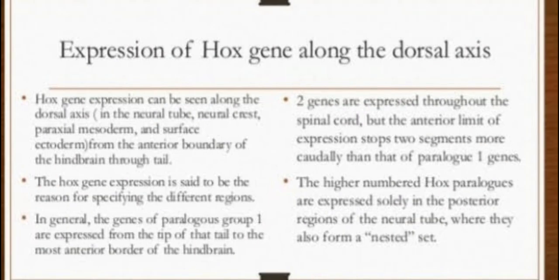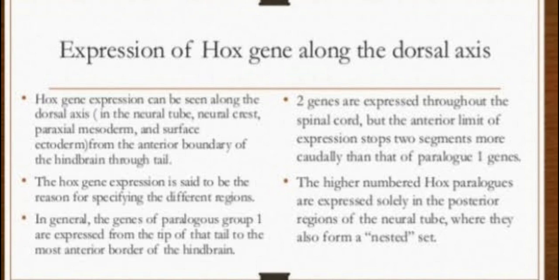The expression of Hox genes. Now, once the gastrulation begins, the anterior-posterior polarity in all vertebrates becomes specified by the expression of Hox genes. As I have said, the Hox genes are homologous to the homeotic selector genes of fruit fly.